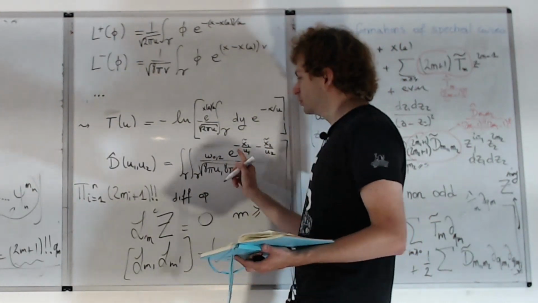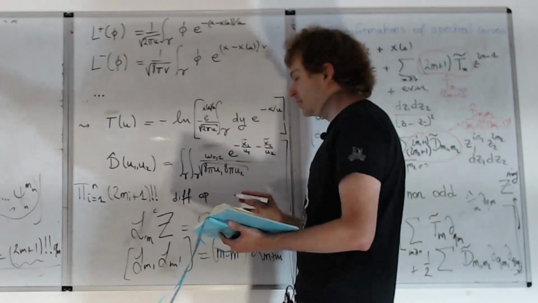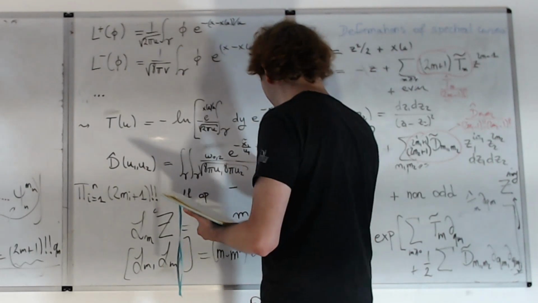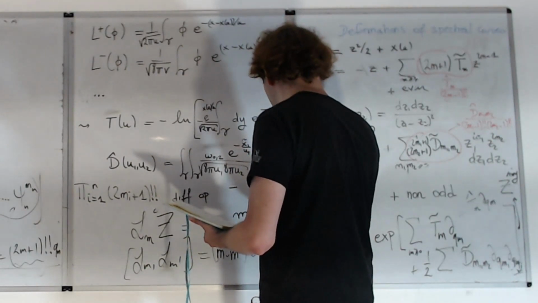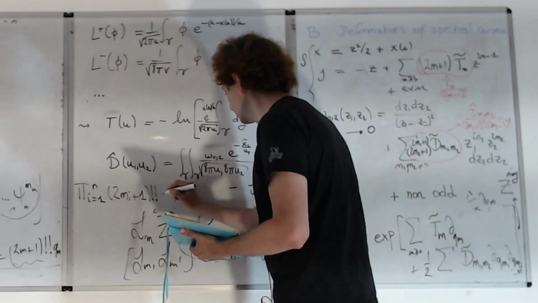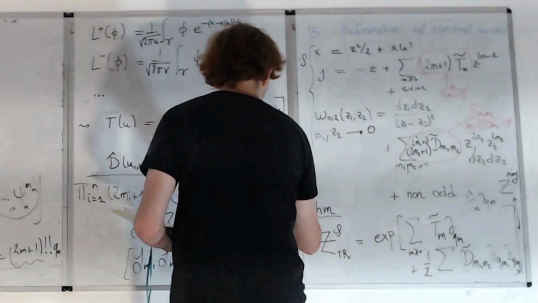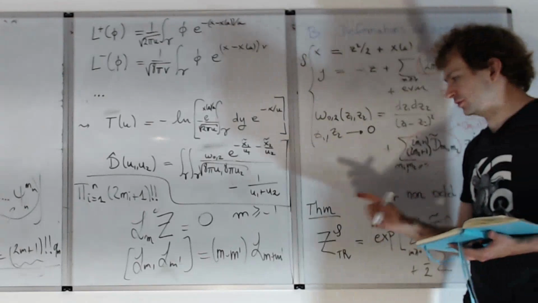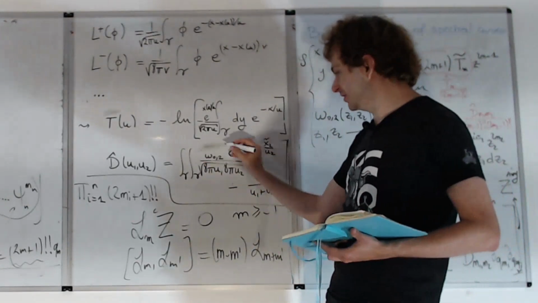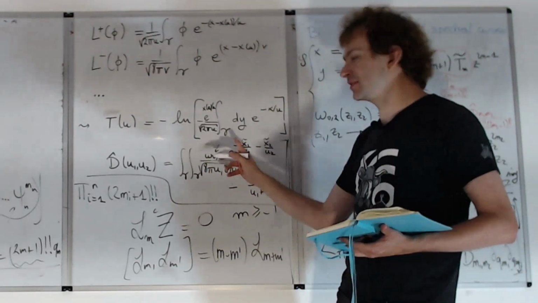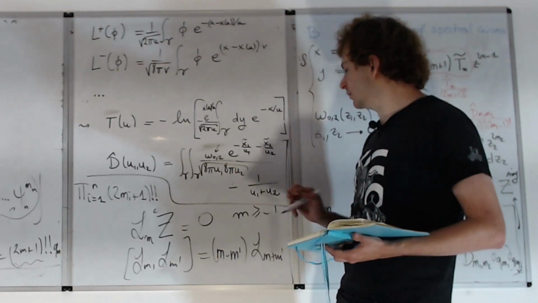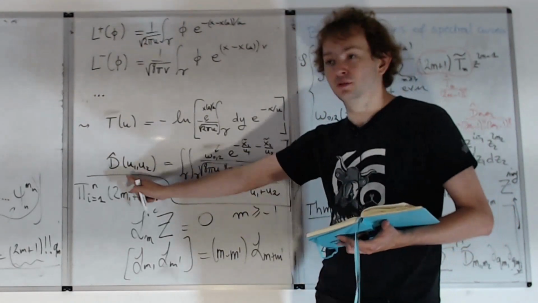And if I want to put the omega 0,2 standard separately, I think what you're going to get is a minus 1 over u1 plus u2. So some of this has a pole because this guy has a pole at coinciding points. So this has also a pole when u1 is minus u2. And when you subtract it, this is regular, and this is the formal power series we want.